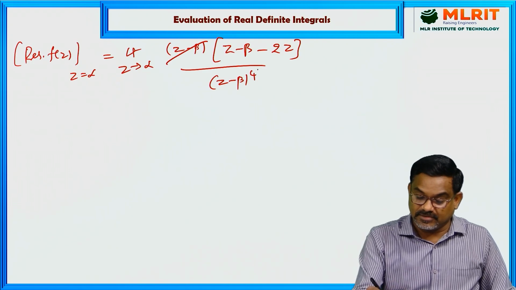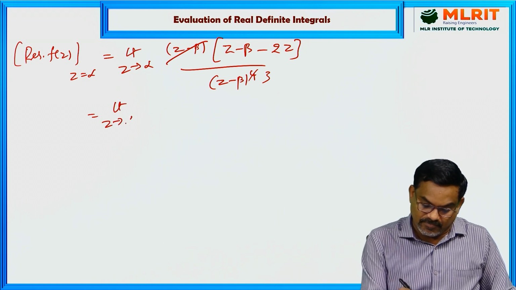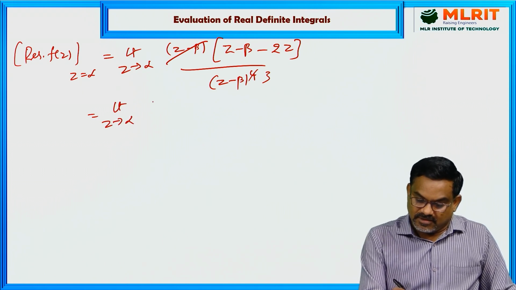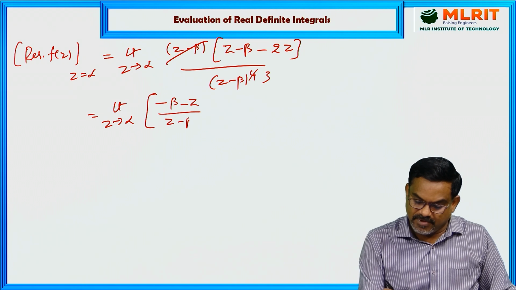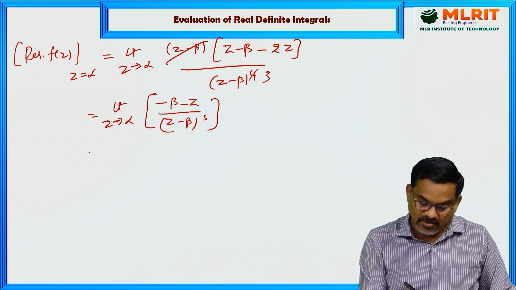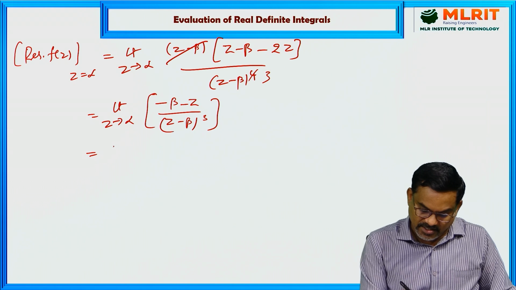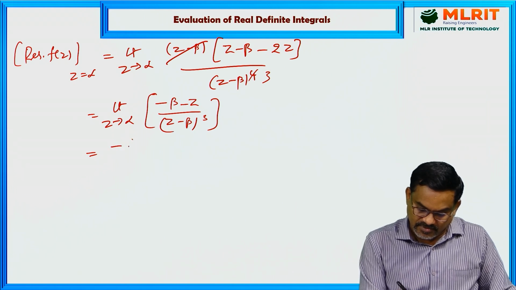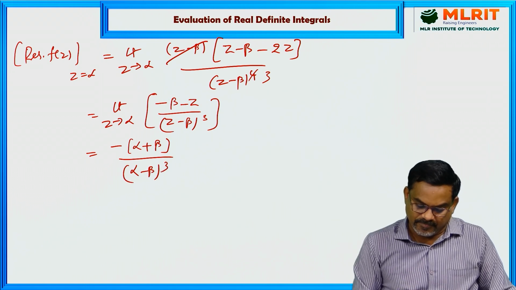So, this is 3 times. And now, limit z tends to alpha, this is minus (beta minus z)... by (z minus beta) whole cube. Now, taking z tends to alpha, we get minus of (alpha plus beta) by (alpha minus beta) whole cube.